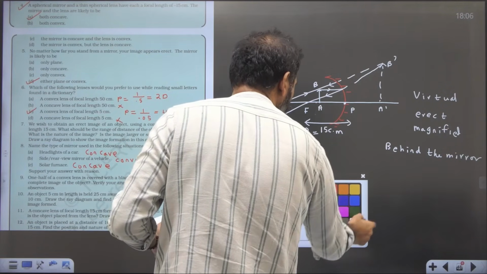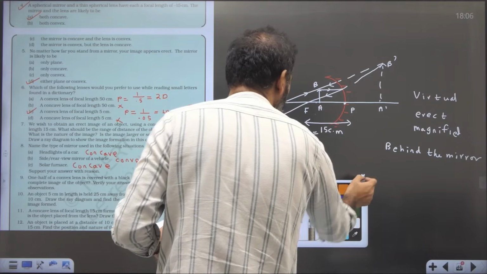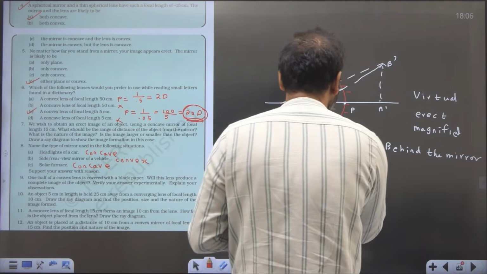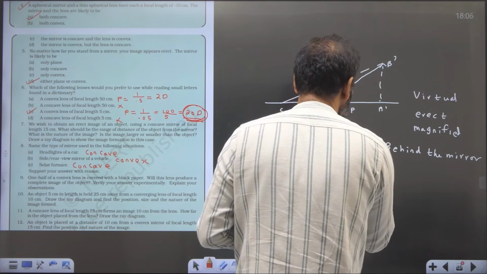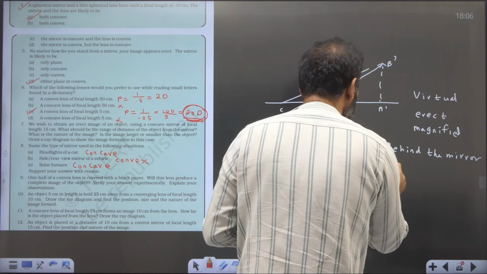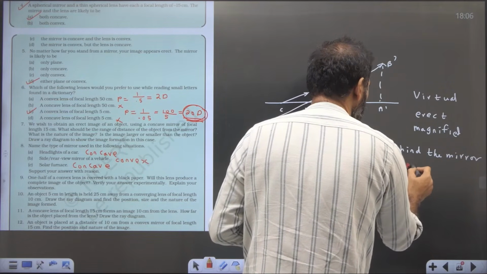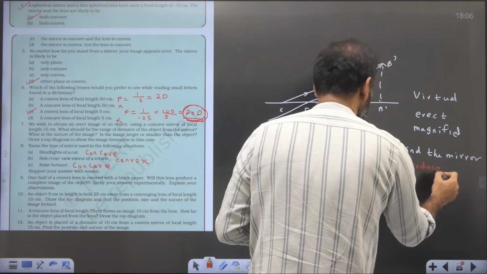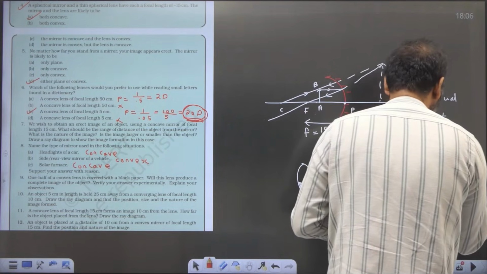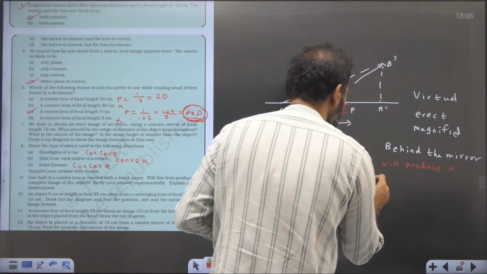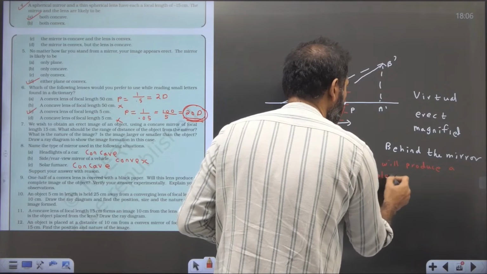Even if you cover it with a black paper, the lens will produce a complete image.